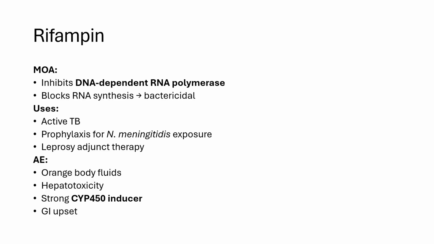Adverse effects include an orange discoloration of patient body fluids, hepatotoxicity, and GI upset. It is a strong CYP450 inducer, so it can reduce the effectiveness of other drugs like oral contraceptives or warfarin.